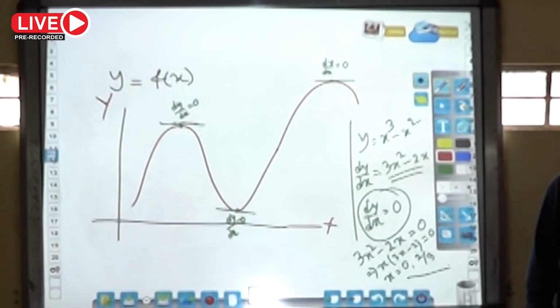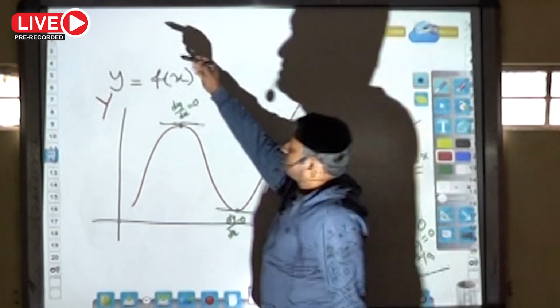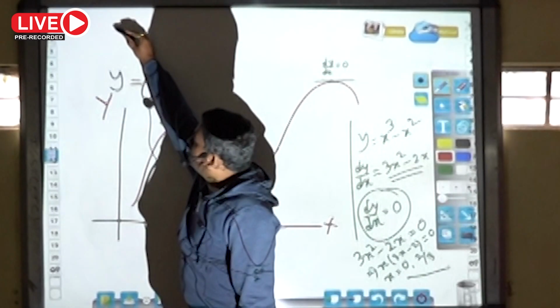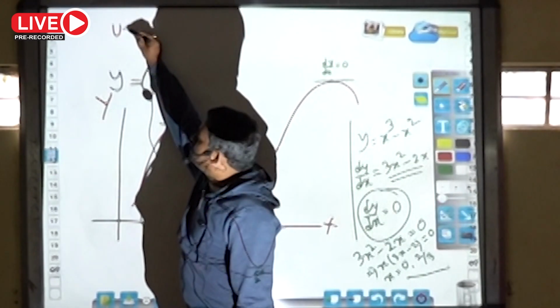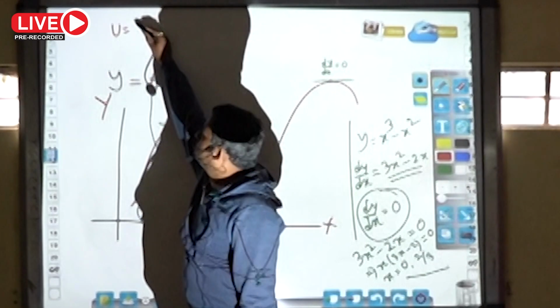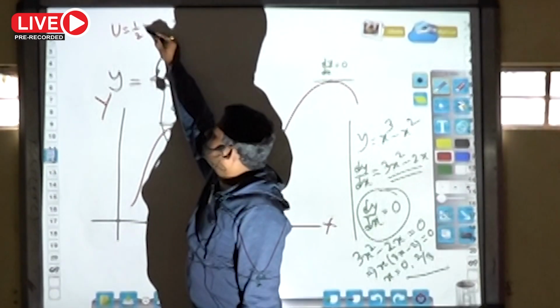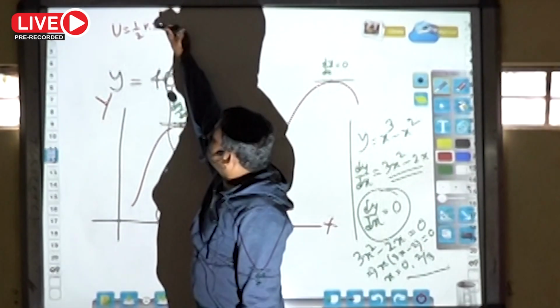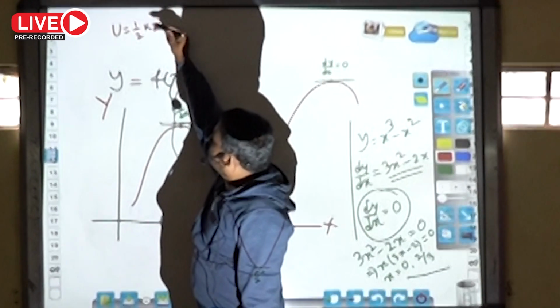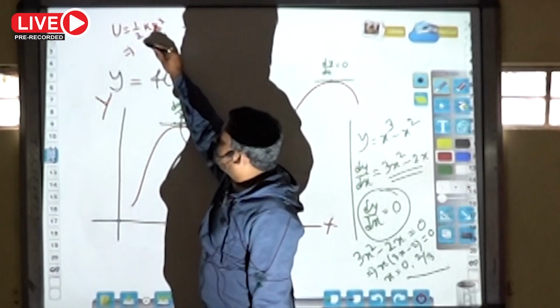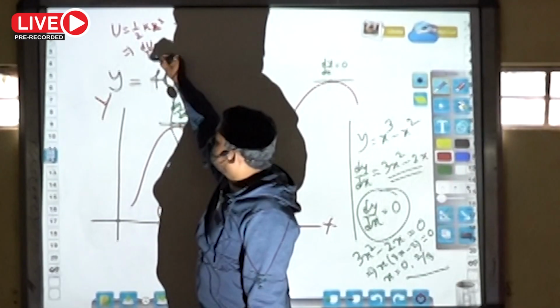Now, why do I emphasize the first derivative with the force? Because potential energy's first derivative will be force. Suppose you know that potential energy for a spring is half kx square. Take the first derivative of potential energy, du dx.